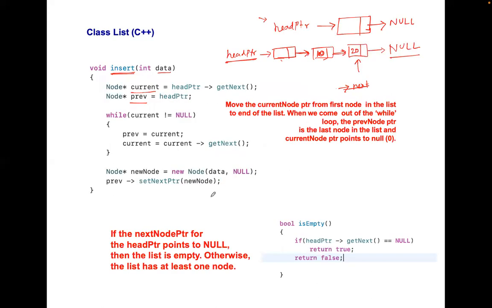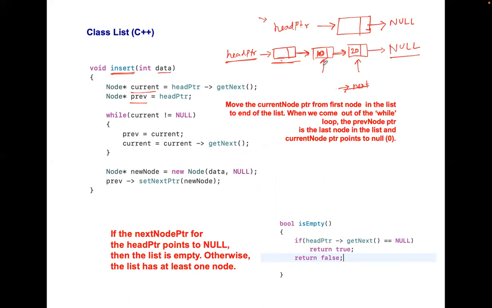So let's see what we are going to do. We initialize the current node pointer as get next of the head pointer. The head pointer is pointing to this node, so the current pointer is the next pointer of the head pointer, and it is this one.